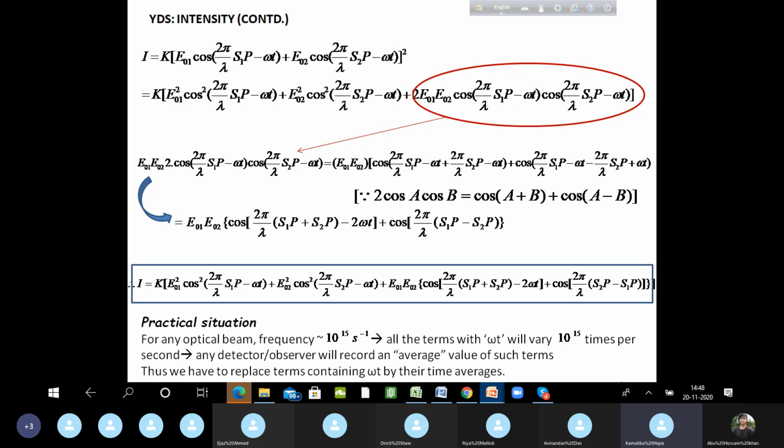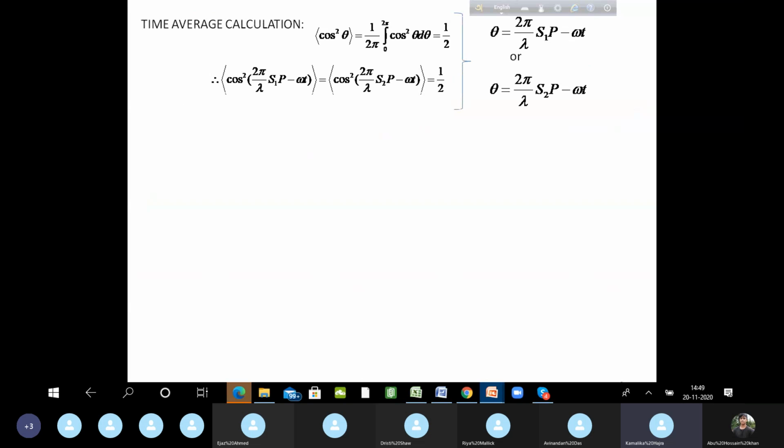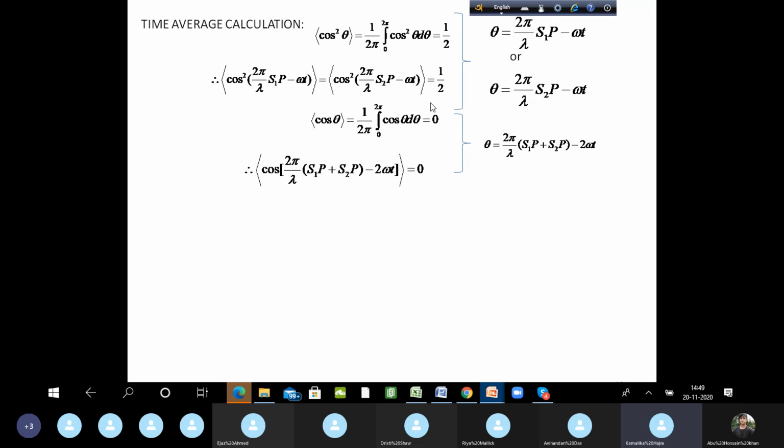So all terms with time will vary 10 to the power 15 times per second. So for the observer, we have to take a time average of such frequently changing parameters, and taking the time average, we see that the average of the cos square term is half, whereas the average of the cos theta term is 0.